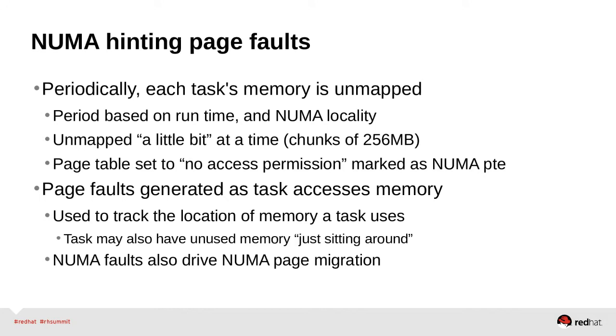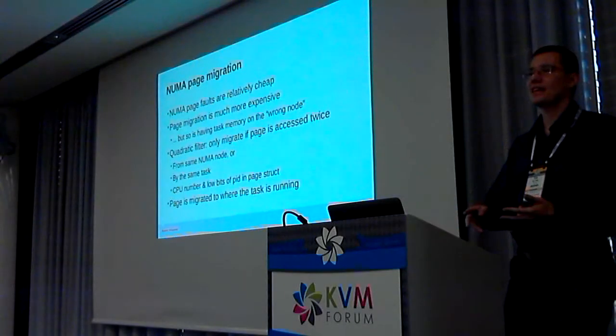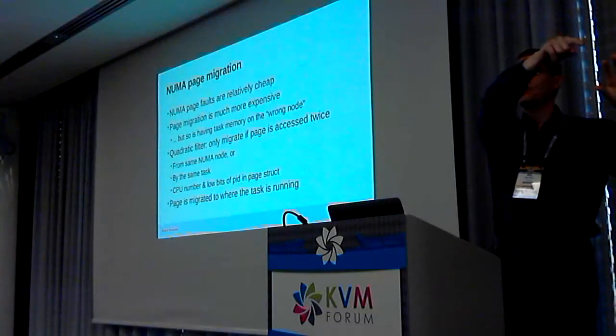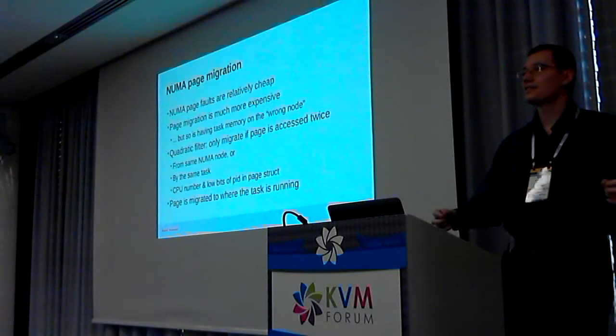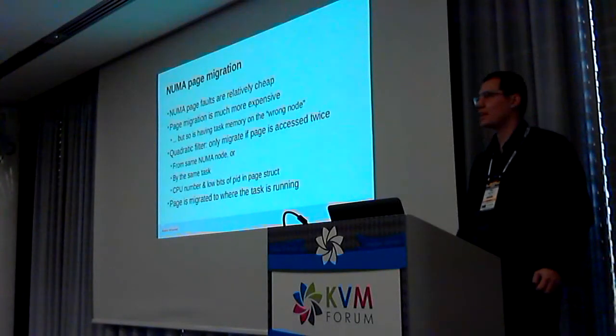One of the things that we will do at NUMA page fault time is migration. If the same program or the same NUMA node accesses the same page multiple times in a row, then we migrate the page. We simply copy over the page data to the location where the task is running, and then we point the page table at a new location, and the memory that was remote is now local to the program, and it can run a little bit faster.